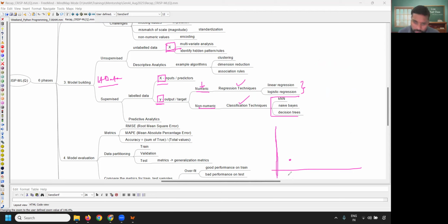Okay, binary case, or maybe a person has cancer, no cancer, or a customer purchases the product or does not purchase the product, and so on and so forth. So we are talking about a binary problem. So we will have yes, no, true, false, right? Like this. Cancer, no cancer, pass, fail, etc.